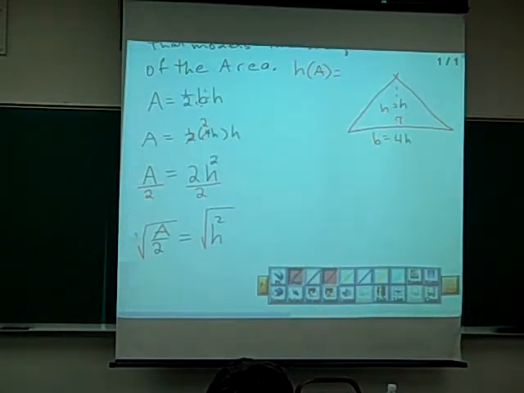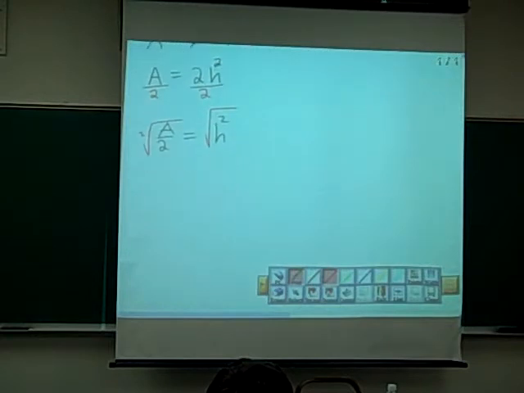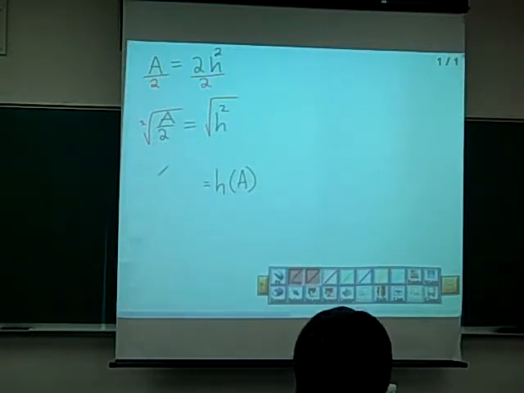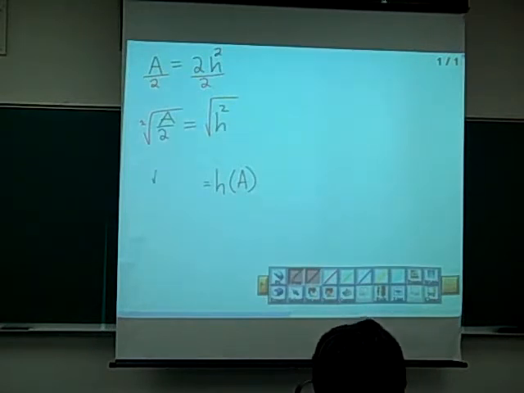Apply the square root. But we don't have a negative height, so we just drop the plus or minus. And so we've got the height of A equals, now here we can't leave that square root in the denominator. So we rationalize it.